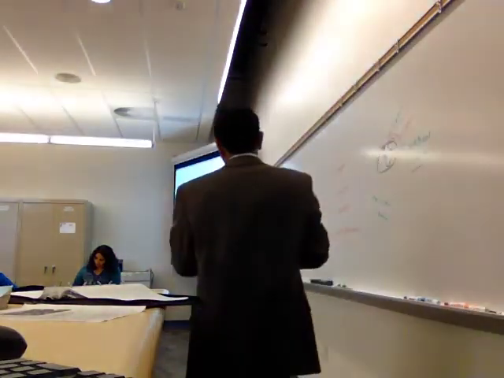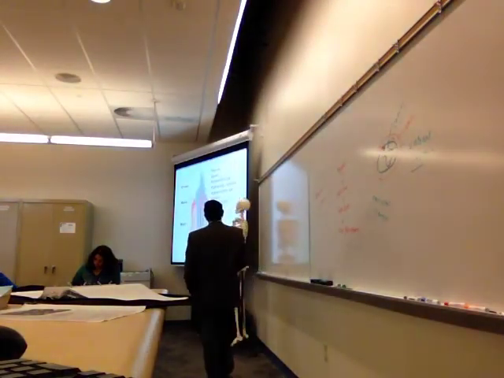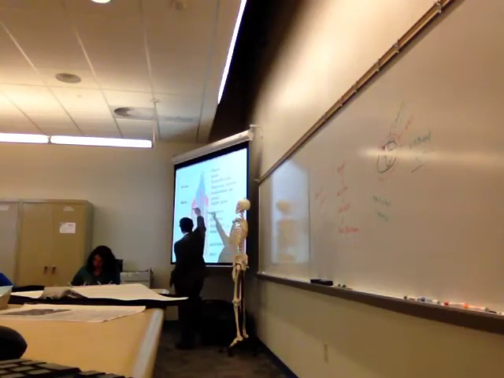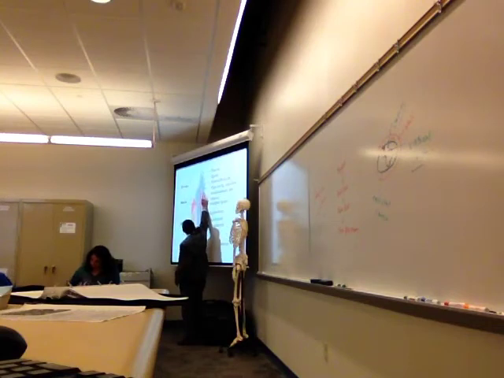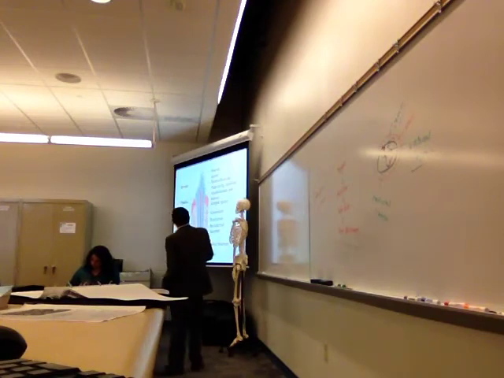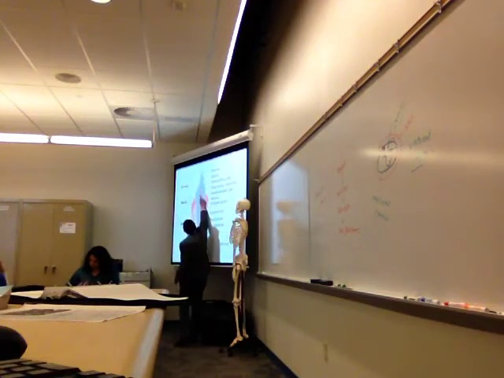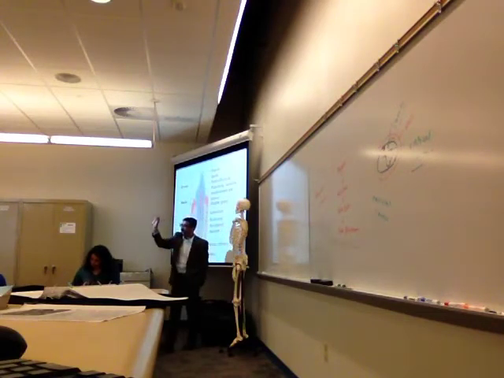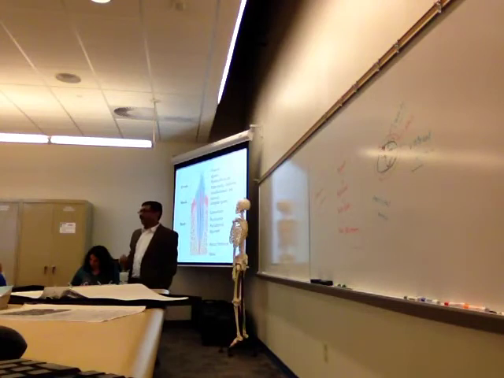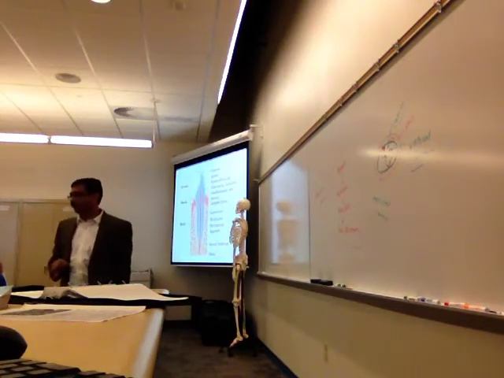Now, if you see the structure of a tooth, enamel is the outermost covering. That white outermost covering is the enamel, and then under the enamel you have dentin. Dentin is under the enamel, a very hard structure. Then pulp cavity. Inside the tooth, you will see a cavity called the pulp cavity, and inside the cavity you have soft tissue that lets the blood vessels and nerves pass through it.